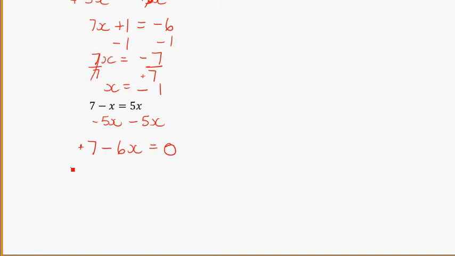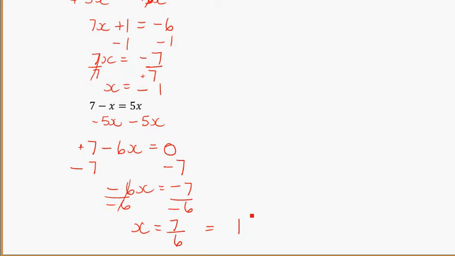So I'm going to take 7 off both sides. Negative 6x equals negative 7. Divide both sides by negative 6. And we get x equals, 2 negatives make a positive, and it's 7 over 6, or you can say it is 1 and 1/6. Great.